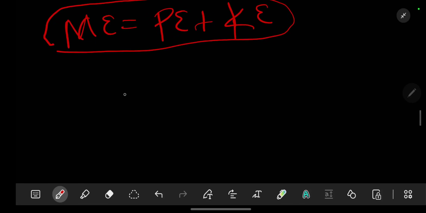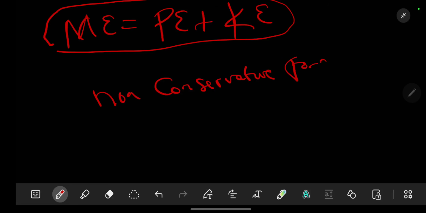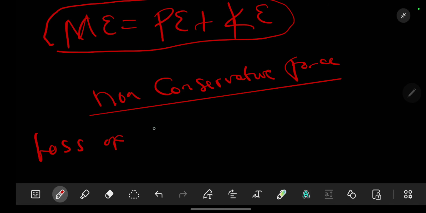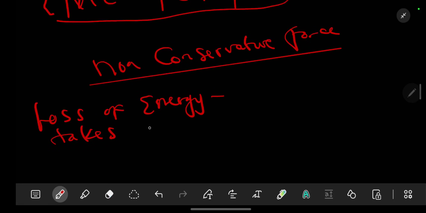Now, what if there is a non-conservative force? Mostly, non-conservative forces will result in the loss of energy or take away work. Mainly there will be a loss in energy.